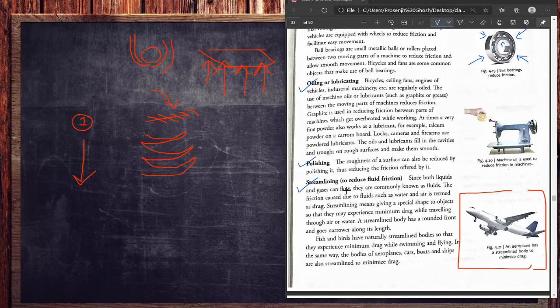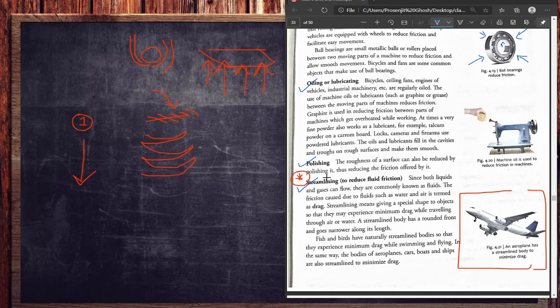So for all these things, we use a special kind of design that reduces the friction of fluid or air resistance, and that is called aerodynamic structure. So this thing is most important, streamlining. Remember that. This is a special kind of structure that reduces the friction of fluid.